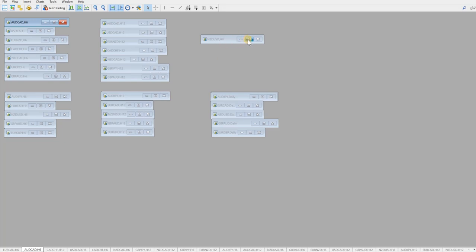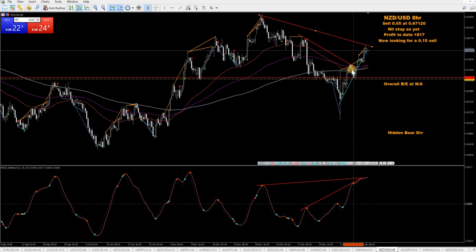The problem child is this old dangler 8 hour New Zealand USD. Heading up, like I said about the Kiwi before, I've started to draw trend lines. Took a sell here, it was like a head sell, and I left it open. There's a little bit of profit from the previous buys. So what I'm waiting on now is a possible sell signal on this 8 hour chart.